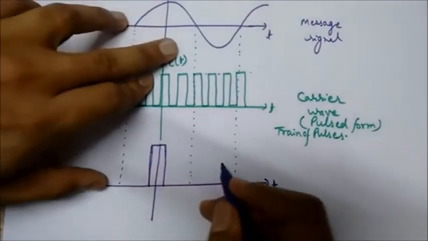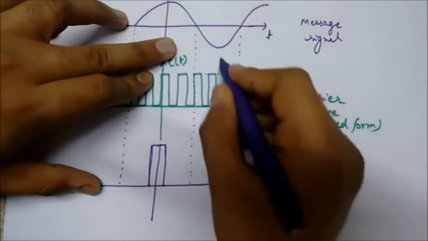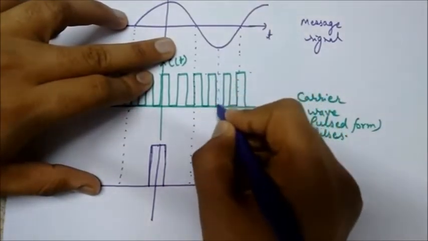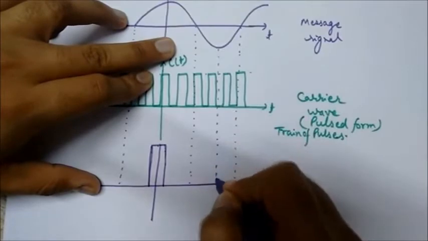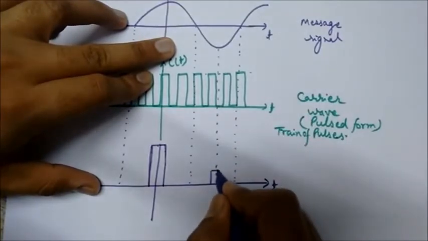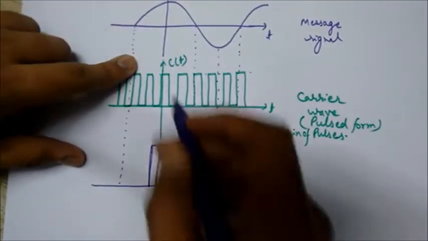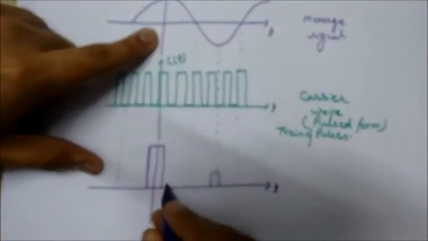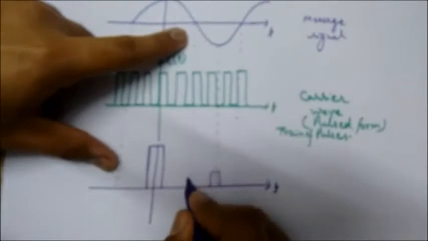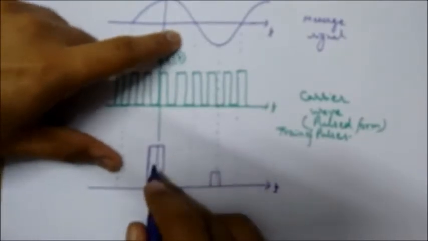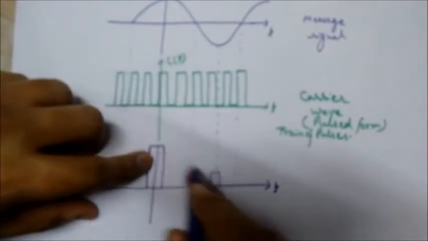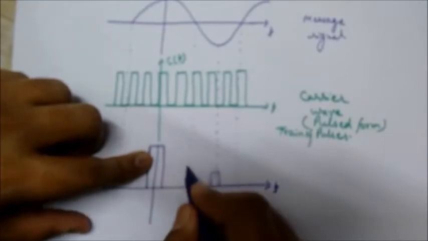This is the maximum, and say here it is the minimum amplitude, and here the amplitude is lower than this but higher than this one.